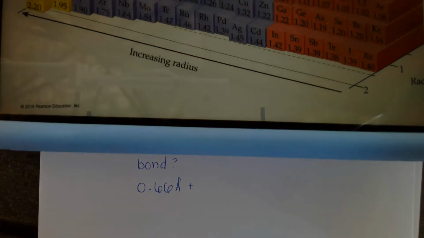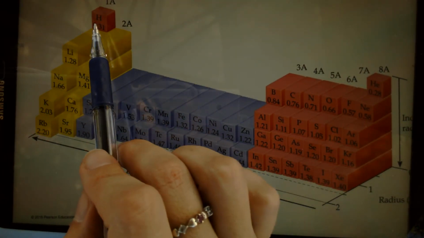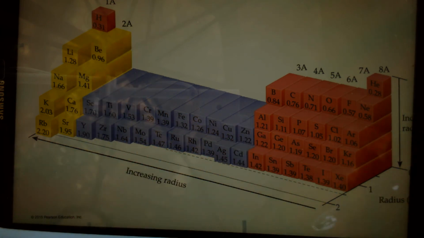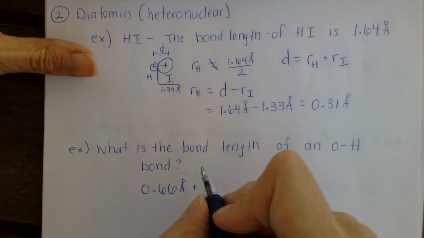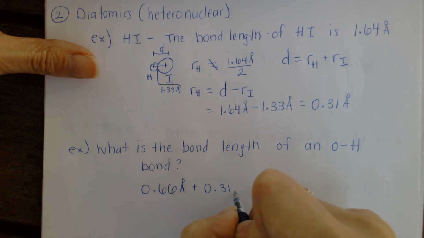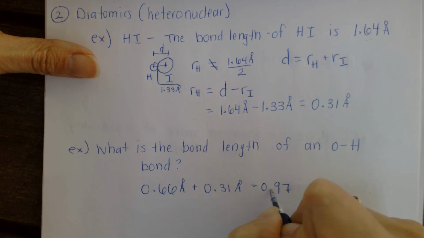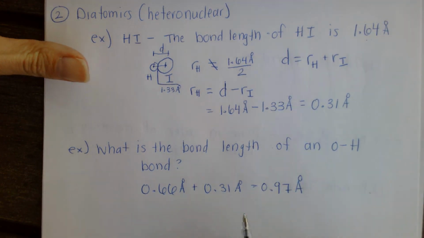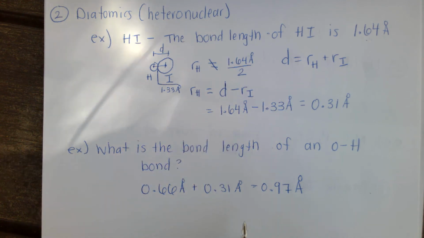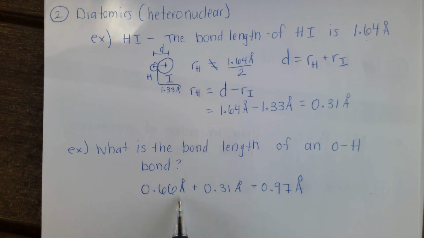We add to that the radius of hydrogen, which is 0.31 angstroms. 66 plus 31 gives us 97, so we get 0.97 angstroms as the approximate bond length of an OH bond.